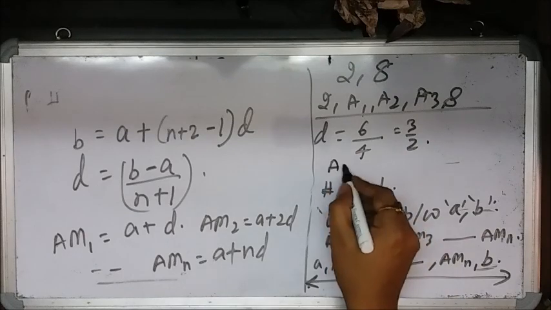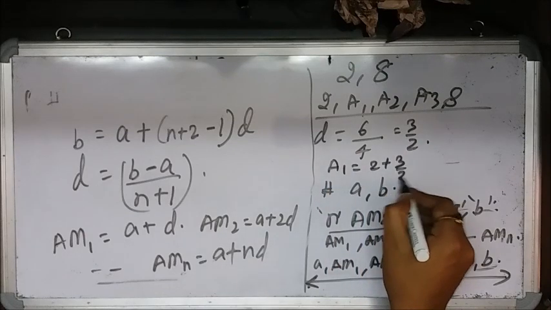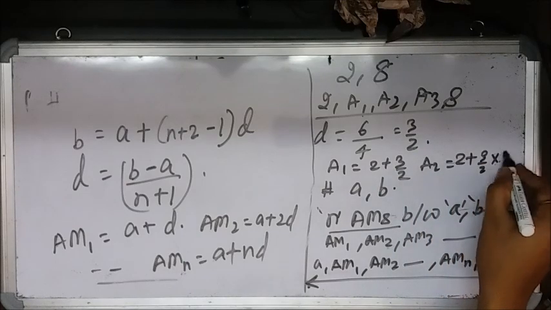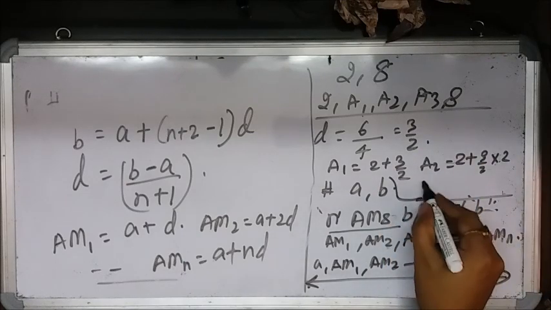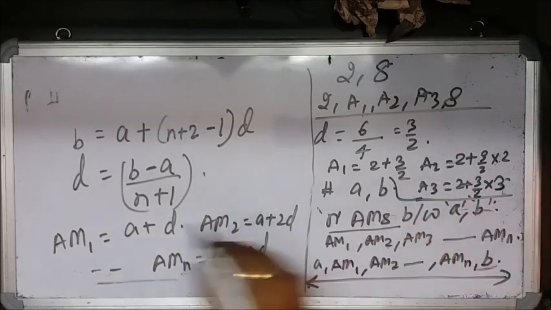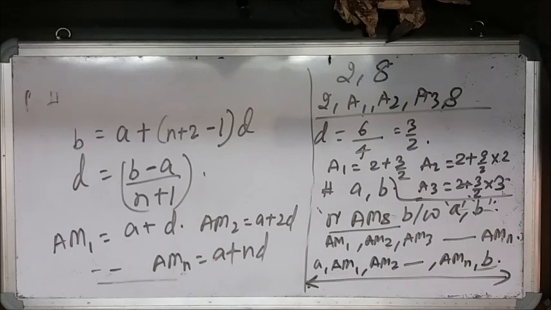So A1 will be equal to 2 plus 3 by 2. A2 will be equal to 2 plus 3 by 2 into 2. And A3 will be equal to 2 plus 3 by 2 into 3. Applying the same similar formula, in this way you can insert any number of arithmetic means between two numbers, and this becomes very important from the competitive exams point of view, because this question has usually been asked many times in different exams.